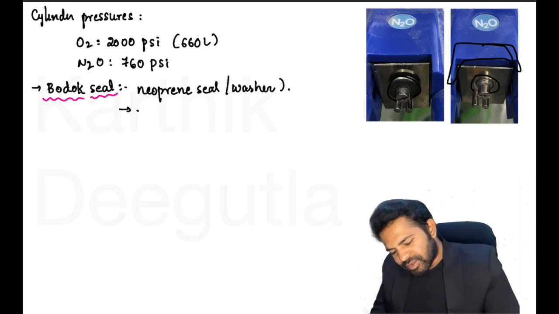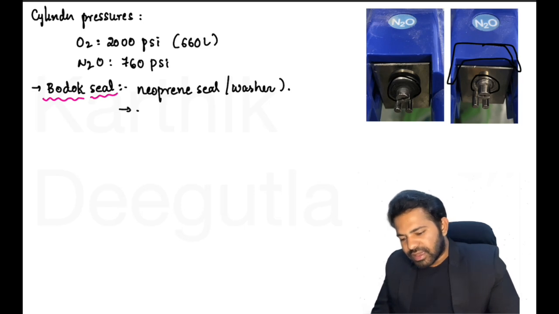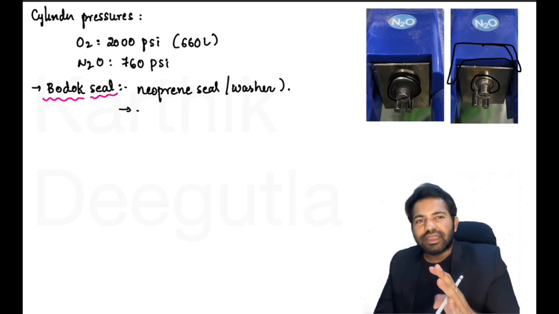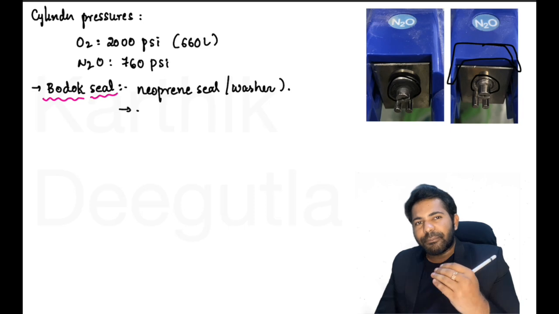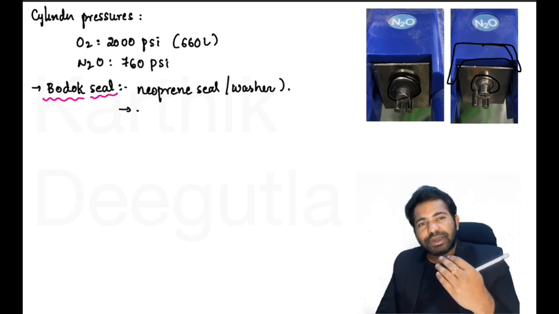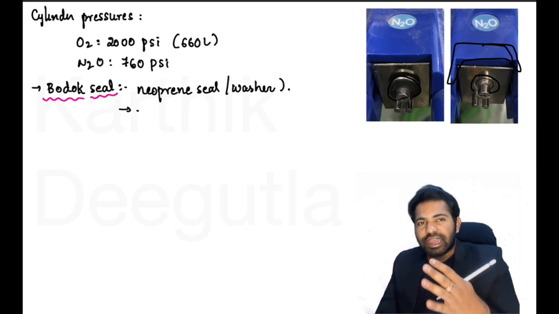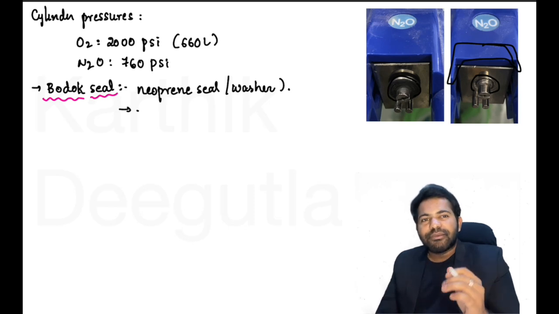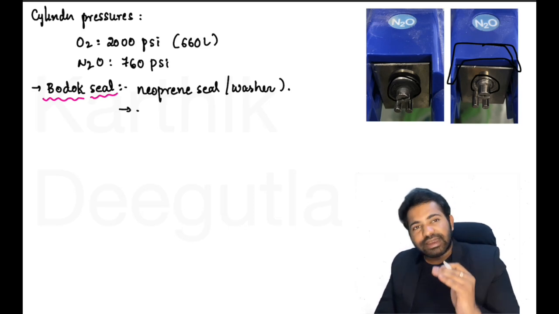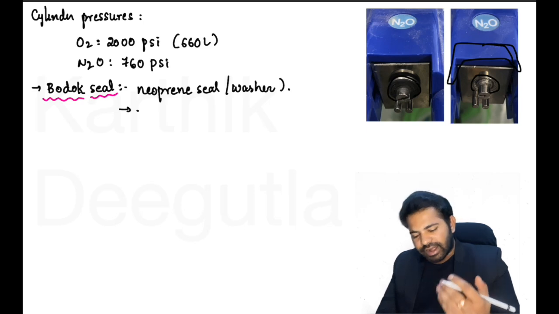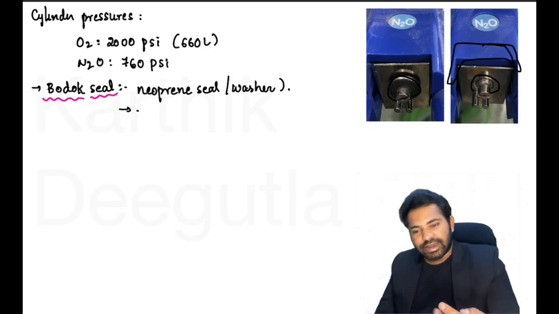So what is the purpose of this Bodox seal? The Bodox seal will prevent any gas leakage by giving a tight attachment between the cylinder and the yoke. It will create a very good seal.